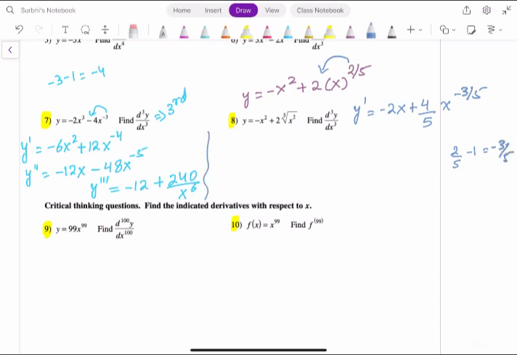Now, let's again take the derivative of the first prime. So that will be negative 2 plus 4/5 and bring negative 3/5 down. Negative 8/5 because negative 3/5 minus 1.